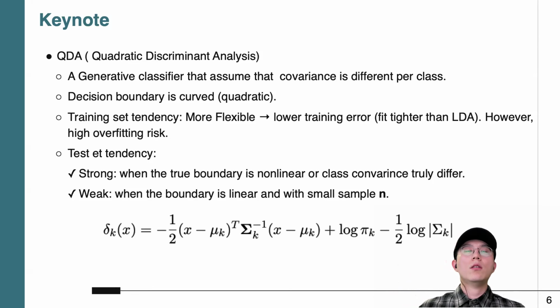On the test set, QDA shines when the true boundary is non-linear or the covariances differ. Its bias is lower than LDA, and as the train sample size grows, its variance comes down and generalization improves.